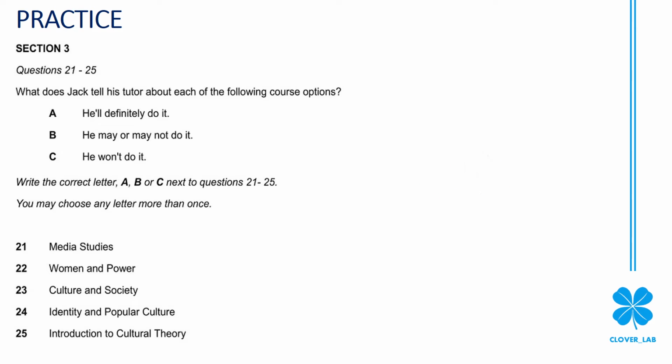Now the recording begins. Come in. Oh, hello, Jack. Have a seat. Right. You said you wanted to see me to talk about your options next semester? That's right. We have to decide by the end of next week. Really, I'd like to do all 5 options, but we have to choose 2, don't we? Yes, but the choice depends on your major to some extent.